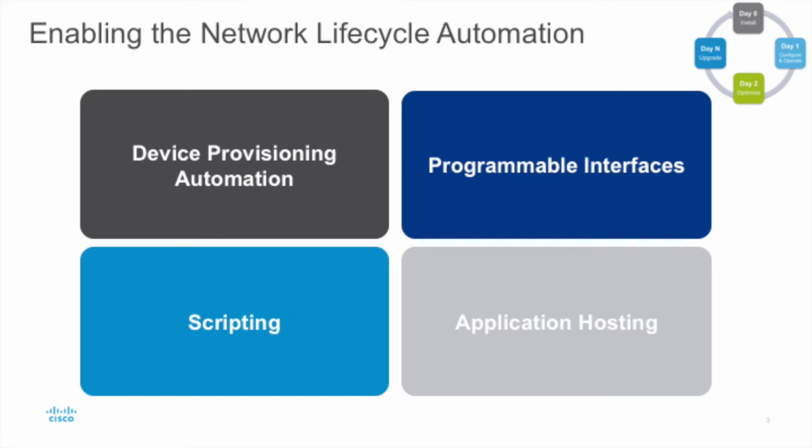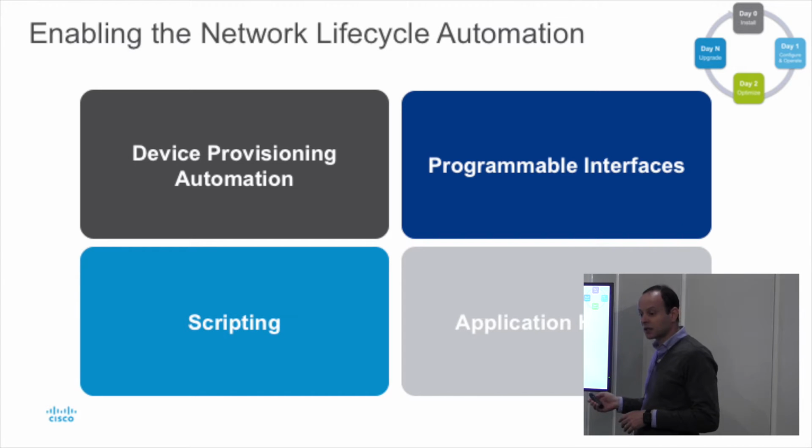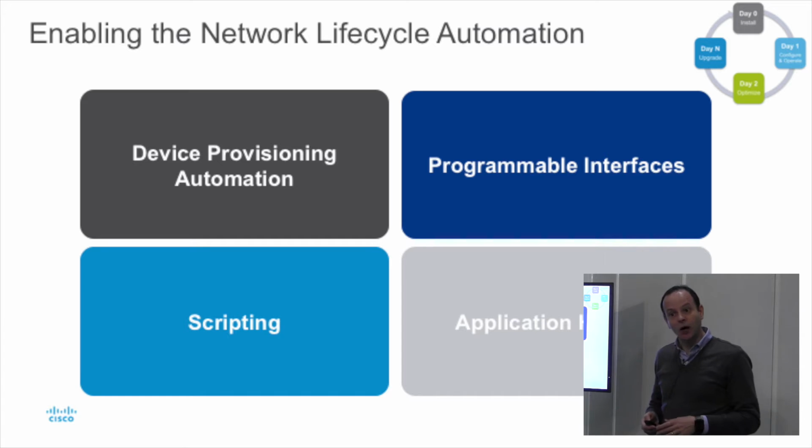We usually divide all the features under the programmability umbrella into 4 different buckets: device provisioning automation, programmable interfaces, scripting, both on-box and off-box, so running on an external server, and application hosting, where applications run on the device themselves.